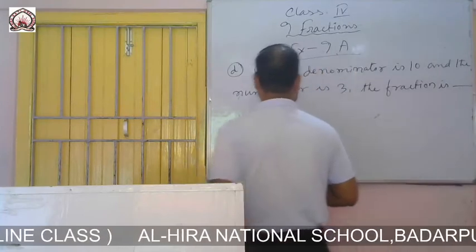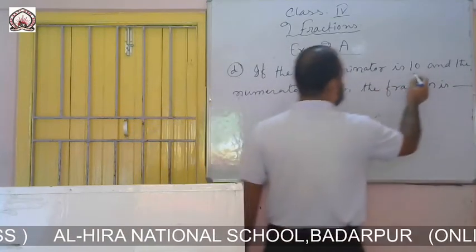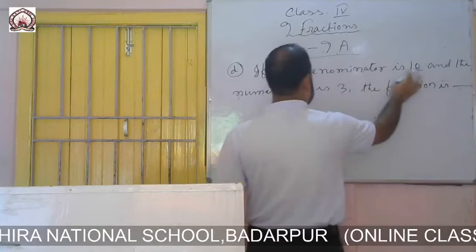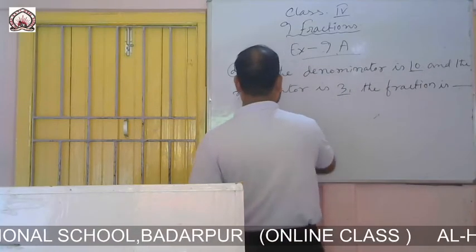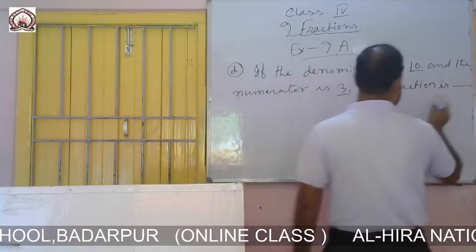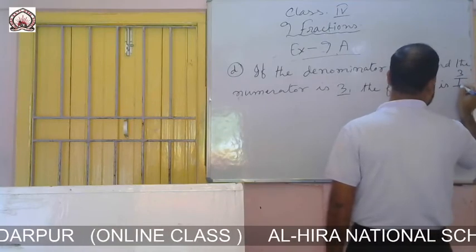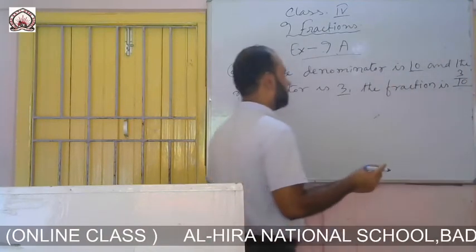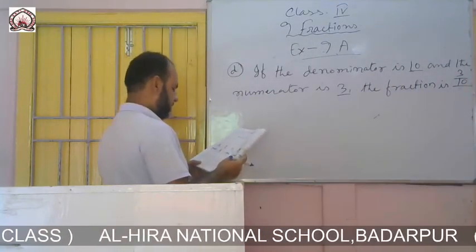So here the denominator is 10 and the numerator is 3. So the fraction will be 3 by 10.